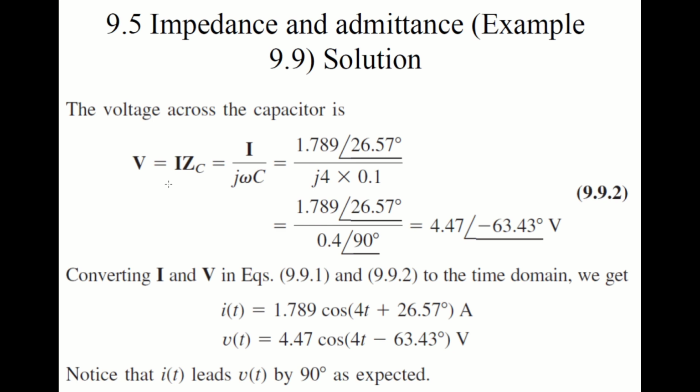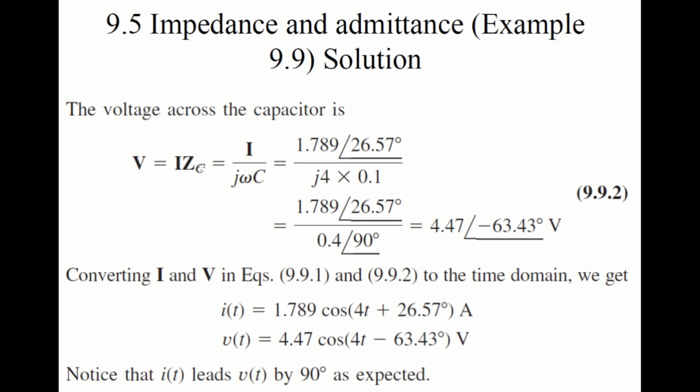After that, you already know the total current passing through the circuit. Then you can get the voltage across the capacitor using this equation. It's just a simple equation, V equal to IR. However, for AC circuit analysis, R is changed to impedance. In this case, we need to find the voltage across the capacitor, that's why we put ZC, the impedance of the capacitor.